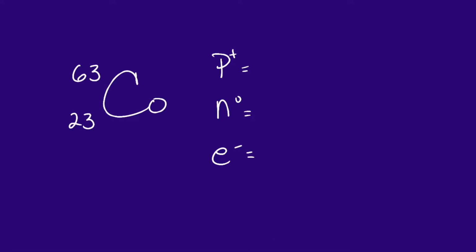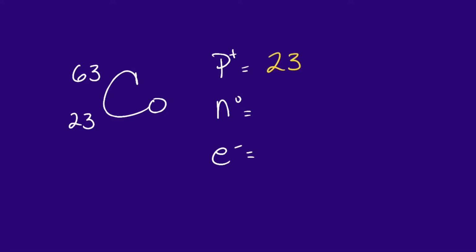Let's use isotope notation for this atom of cobalt to determine how many protons, neutrons, and electrons are in this atom. So first we'll start with the protons. You can see in our notation that we are given the atomic number of cobalt, which is 23. That is the number of protons in this atom.